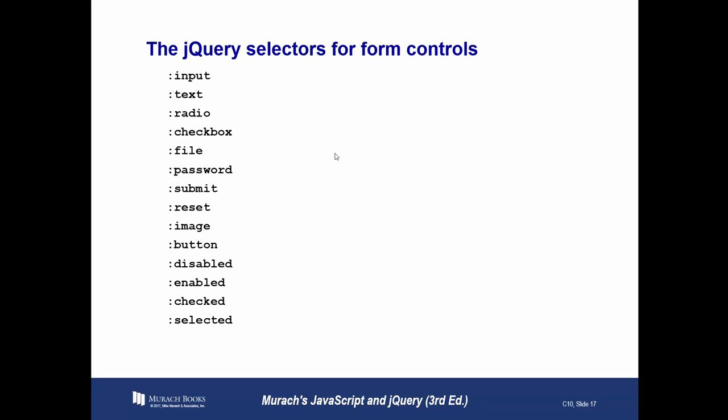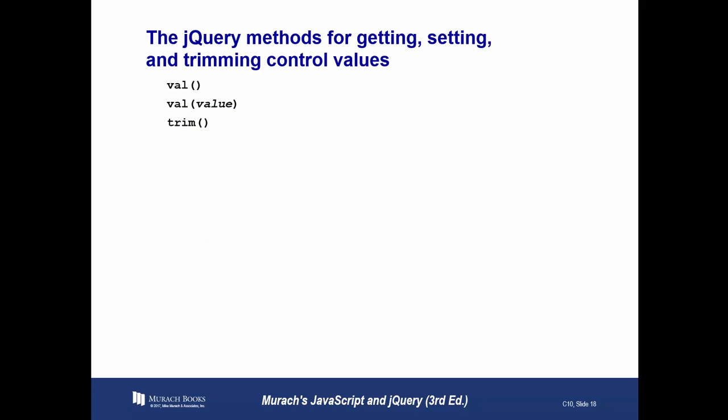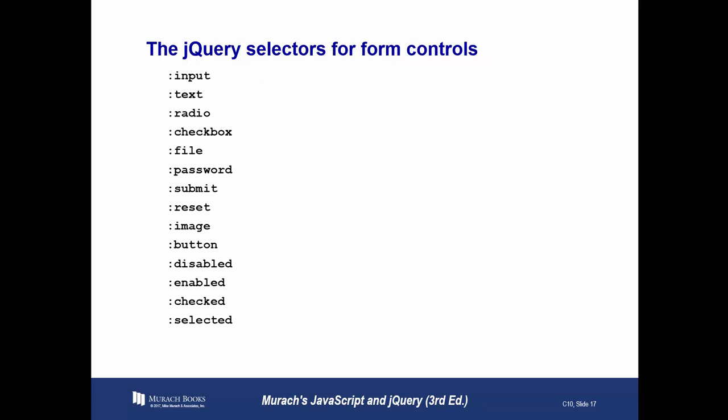For example, the val method can be used for getting and setting the value in a control, and there's a trim method that can be used to remove all the spaces at the start and at the end of a string. So this table right here summarizes the jQuery selectors you can use with forms. They make it fairly easy to select various types of controls. All right, most of them dovetail with the name of the corresponding control.